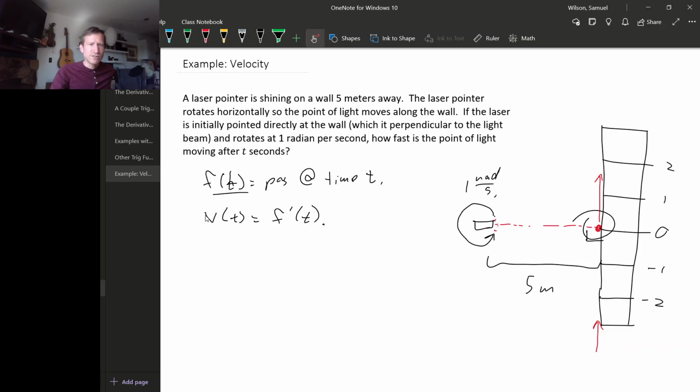All right, so first let's figure out, after we've waited t seconds, how far this laser pointer has rotated. So theta could be the angle that the laser has rotated after t seconds.